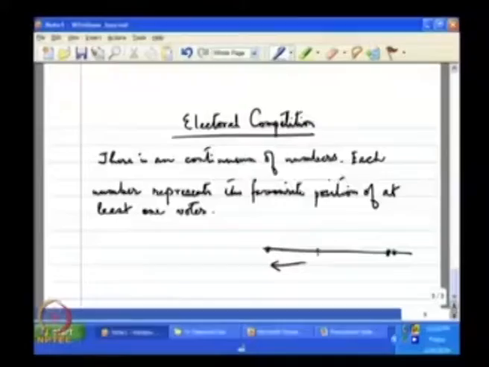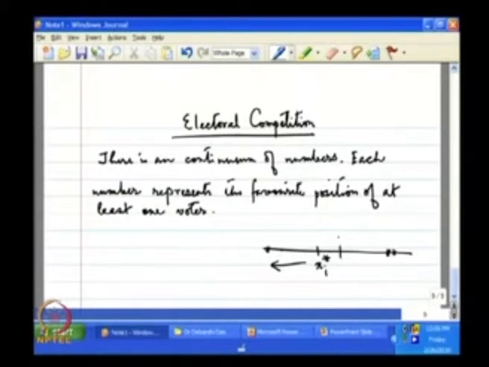So, suppose xi star is this point, this is the favorite position of individual i, voter i. Now, the point is that he likes the choice of the entire country to be xi star. But if it is not xi star, then how does he rank those positions?